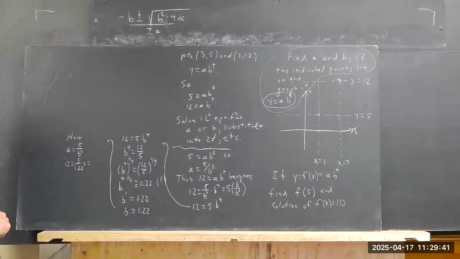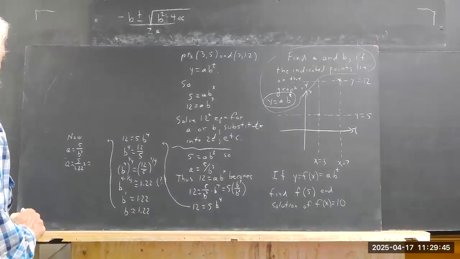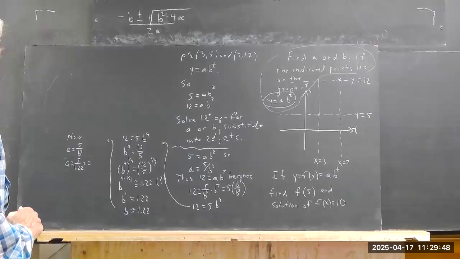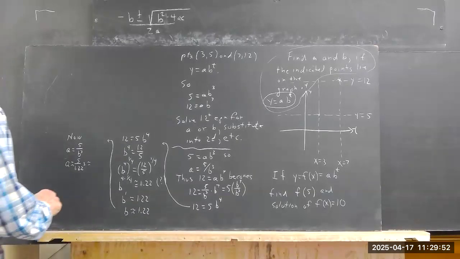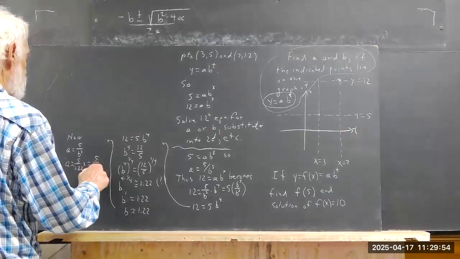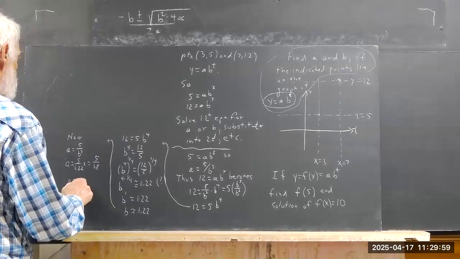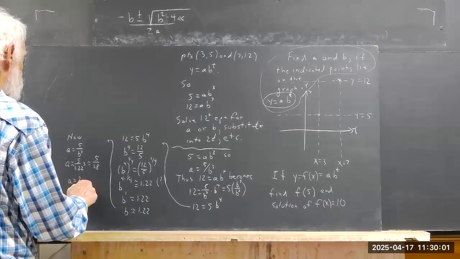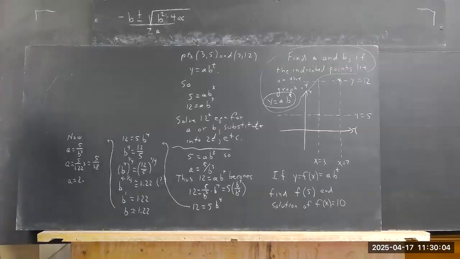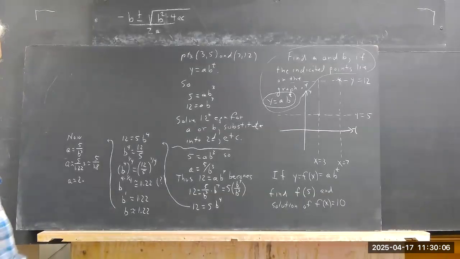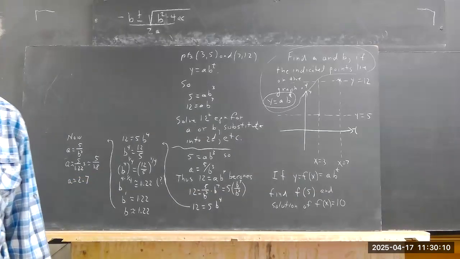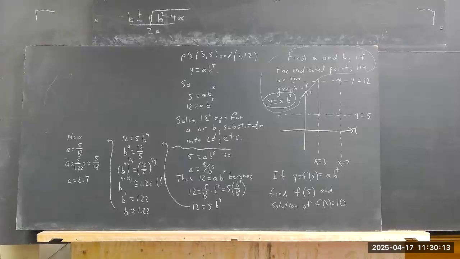And I'm thinking 1 over 1.22 cubed is about 1.8. So I'm going to say a approximately equals 2.7. If you use your calculator, you're going to get something more accurate.